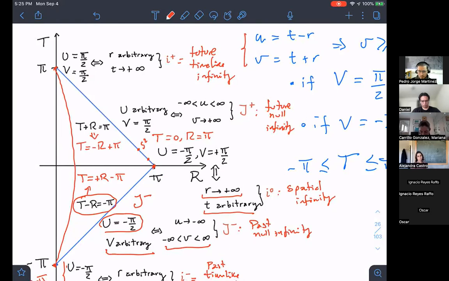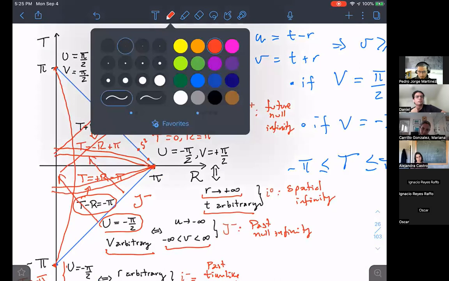Okay, I forgot to say something about spatial infinity, that this is the ending point for all the space-like geodesics. So all space-like geodesics will end at this point. Okay, all the null geodesics will arrive to null infinity, and also they are all coming from past null infinity. Okay, I hope this is clear.